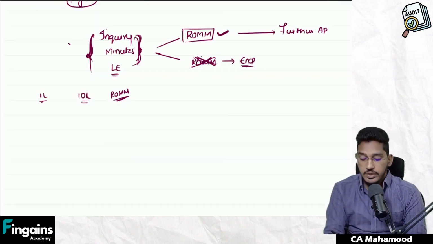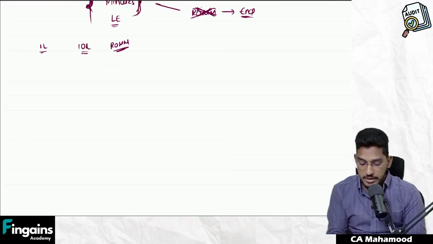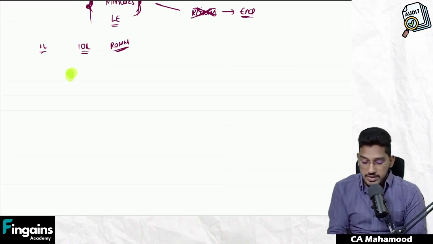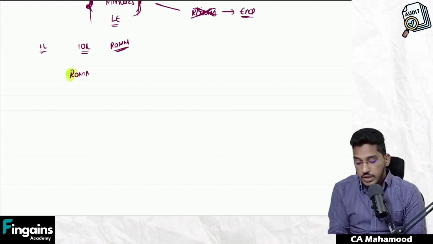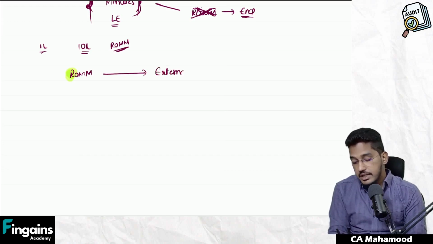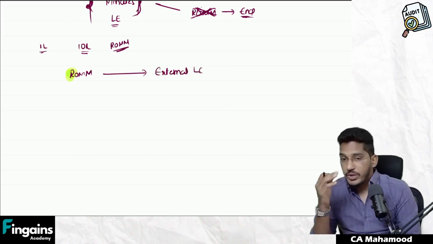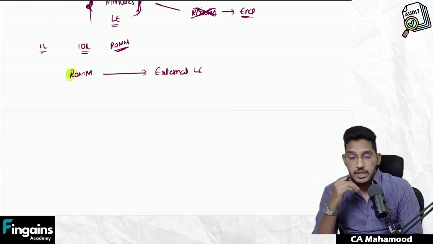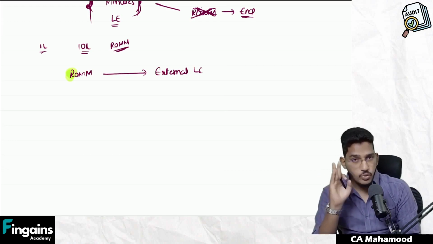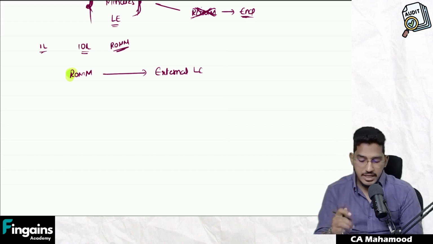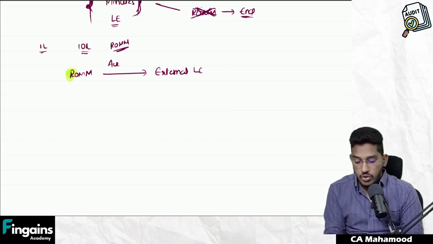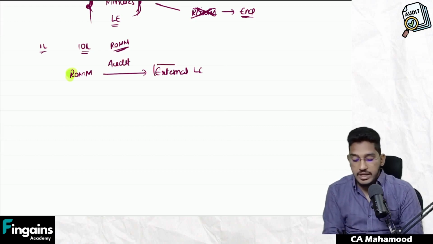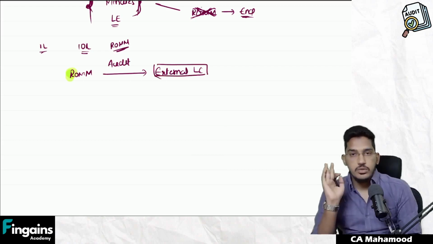Now, as an auditor, what should you do if you find a risk of material misstatement? The standard is asking the auditor to communicate directly with the entity's external legal counsel. The company could have appointed some external lawyers for fighting the case. If you find that management is trying to hide something in the financial statements regarding litigations and claims, the auditor should go and communicate directly with the entity's external lawyers.